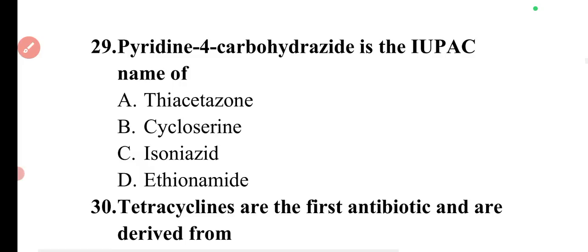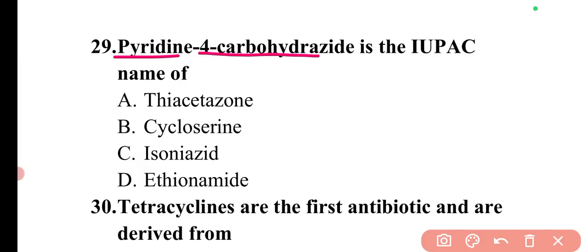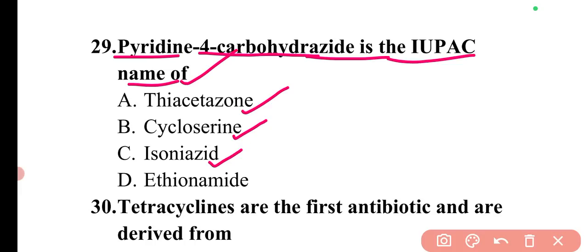Next question is, pyridine-4-carbohydrazide is the IUPAC name of. Options are thiacetazone, cycloserine, isoniazid, or ethionamide? And the correct answer is option number C, isoniazid.